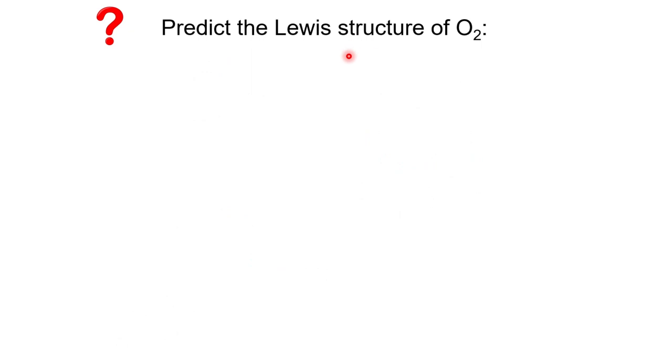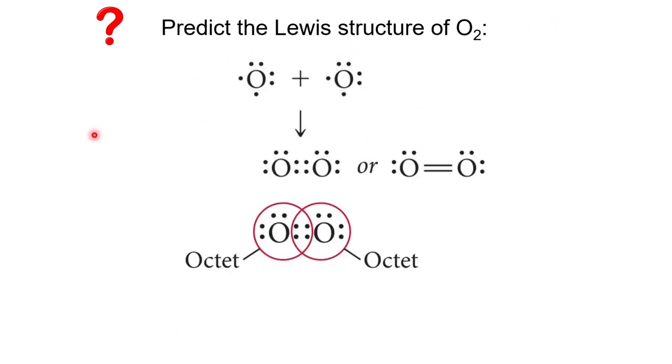So let's predict the Lewis structure of oxygen. Here we have our 2 oxygen atoms. They have 6 valence electrons, so they have 2 unpaired electrons. We see that they have 2 lone pairs, and then we can move these electrons to form a bond here and then here.